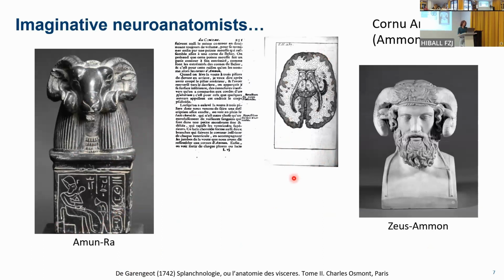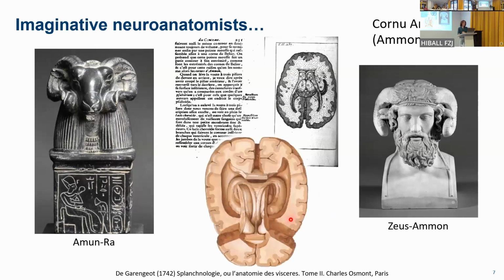Now, from this picture it might be a bit difficult for you to see the similarity, but if I show you this image here, which is a plastic model of what this looks like.